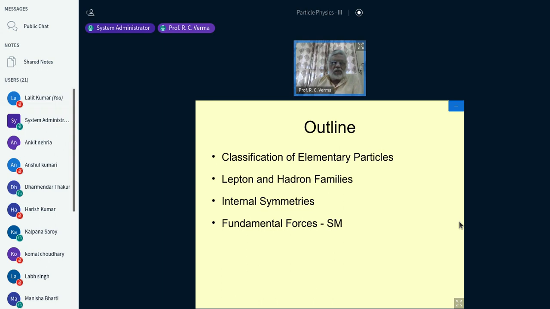It deals with classification of elementary particles and then how electron hadron families are filled. In order to understand family structures, we need to develop internal symmetries.